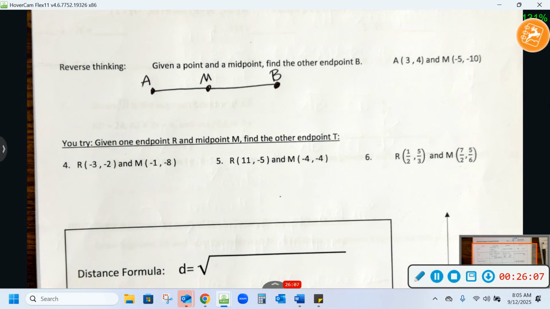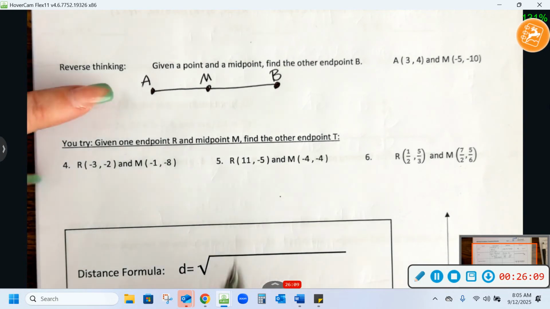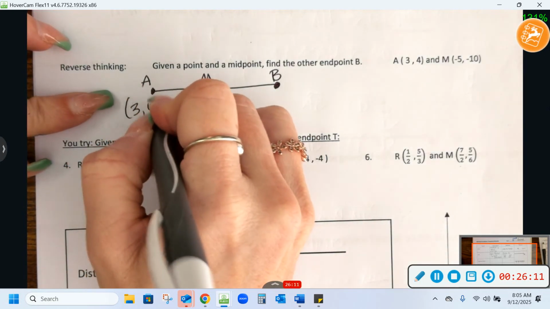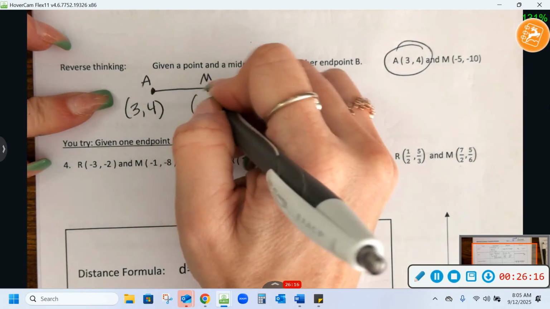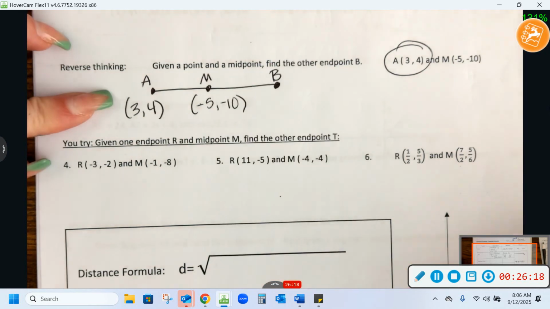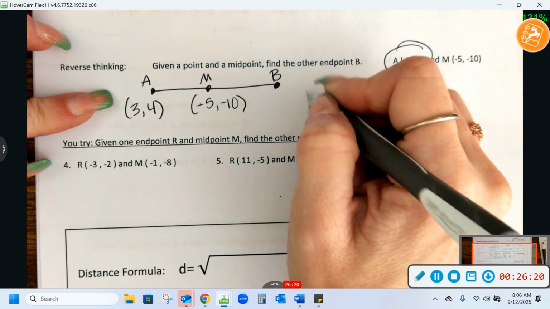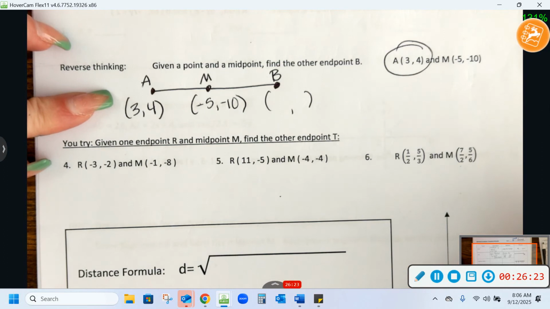I could. Or I could simply say A is at 3, 4. M is at -5, -10. And we're trying to find where B is.